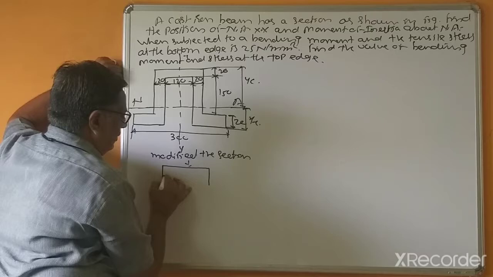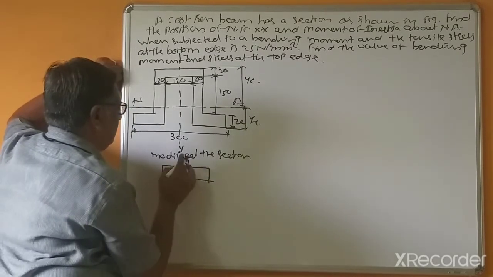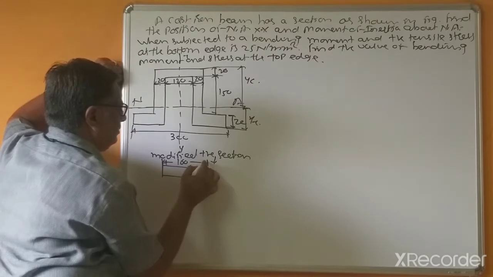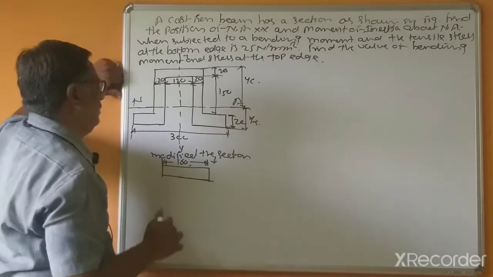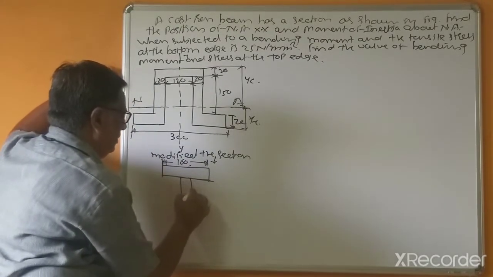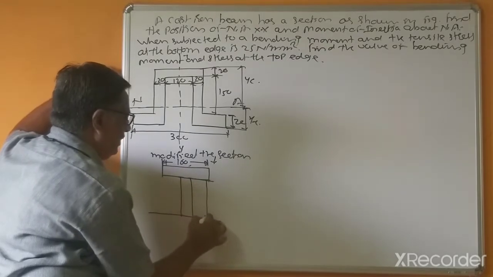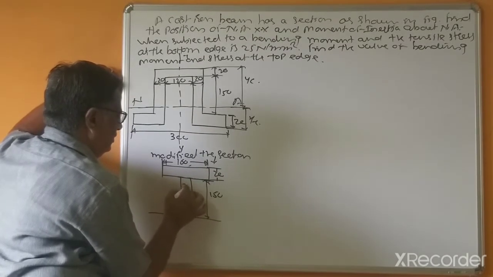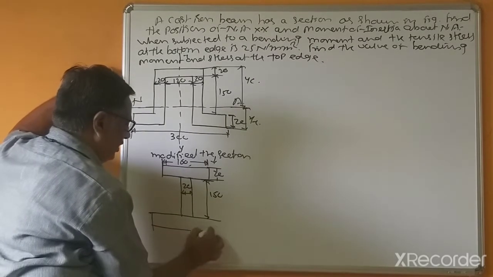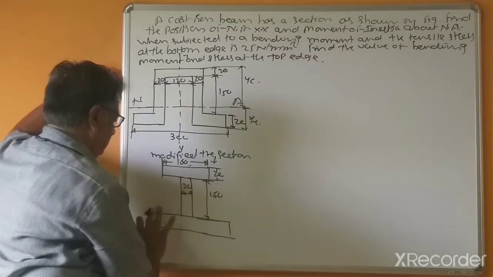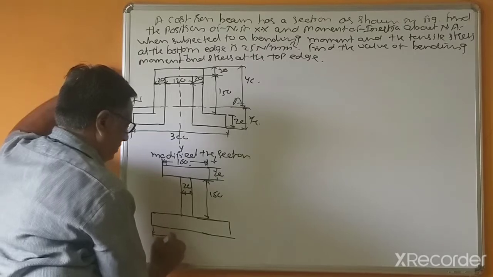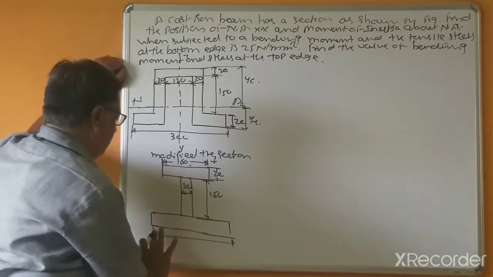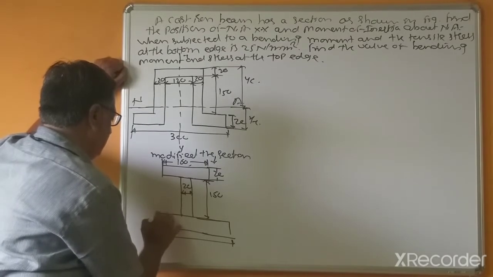Suppose this is the top flange and this is 160, and this is 150, this is 20, this is again 20, the bottom flange 180, slightly greater.